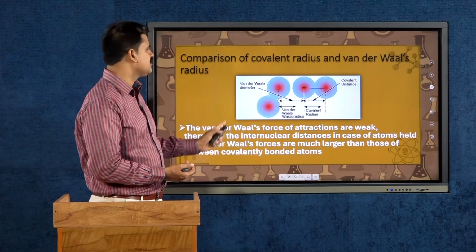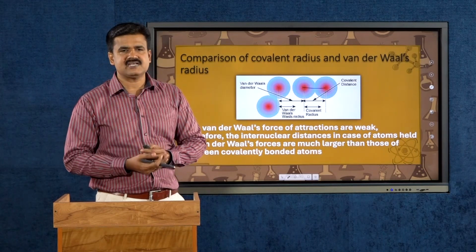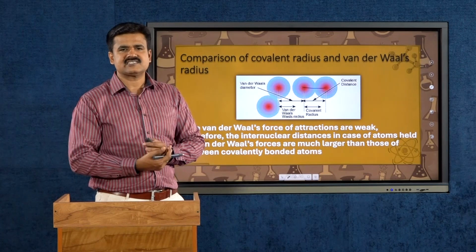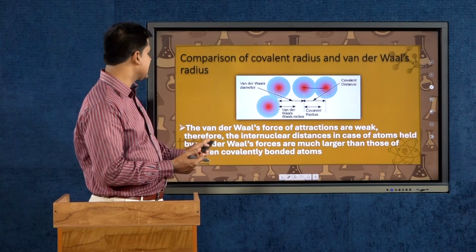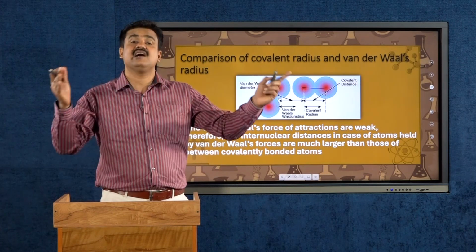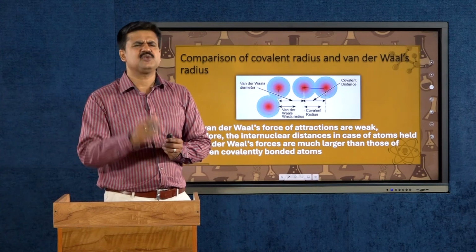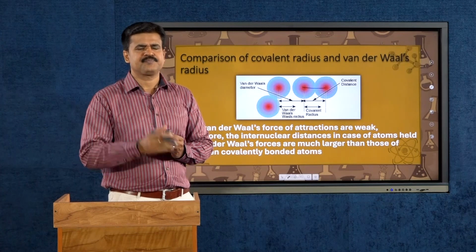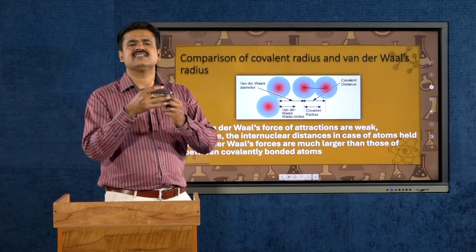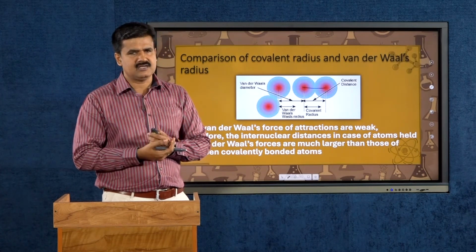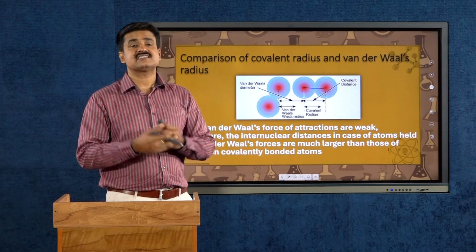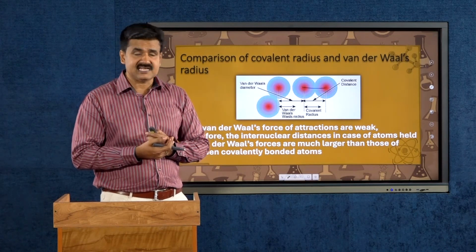The van der Waals forces of attraction are always weak. Therefore, internuclear distances in the case of atoms held by van der Waals force are much larger than those between covalently bonded atoms. You have to keep this point in your mind. In the case of van der Waals radius, there is no bonding interaction. However, in the case of covalent radius, there is overlapping and bonding interaction.